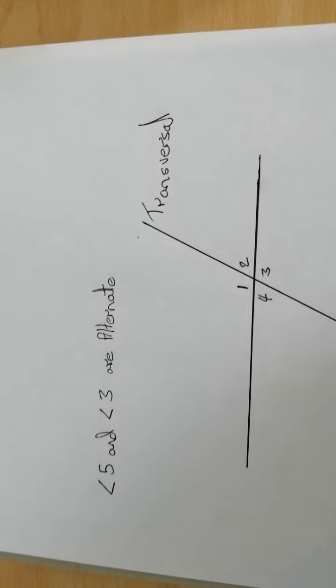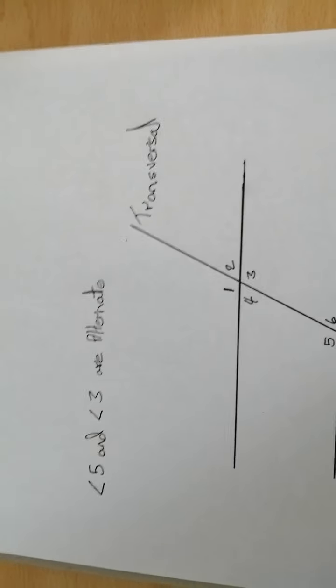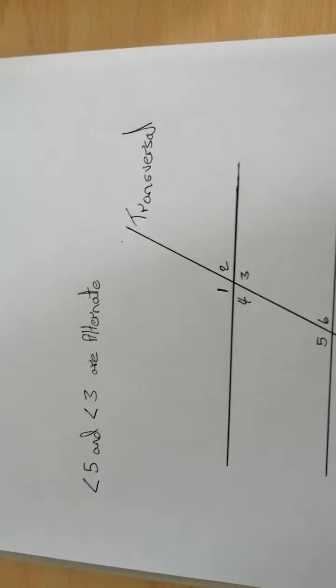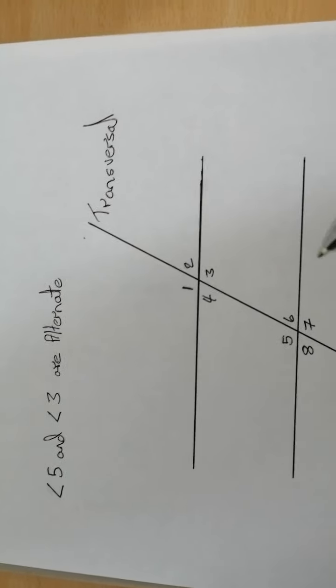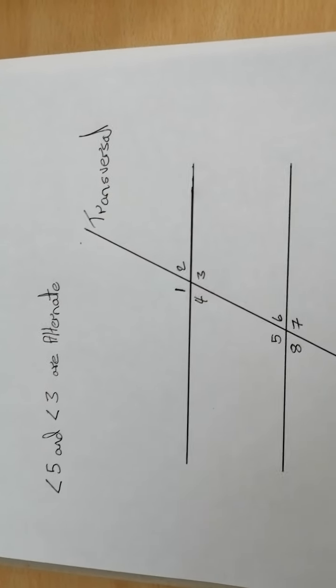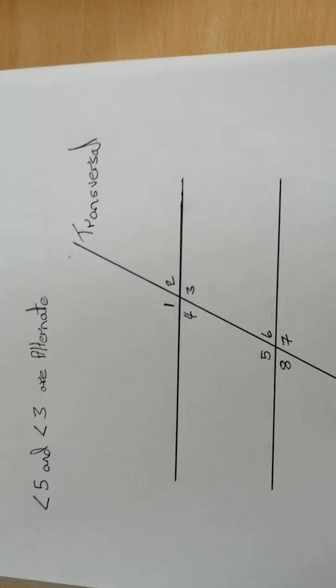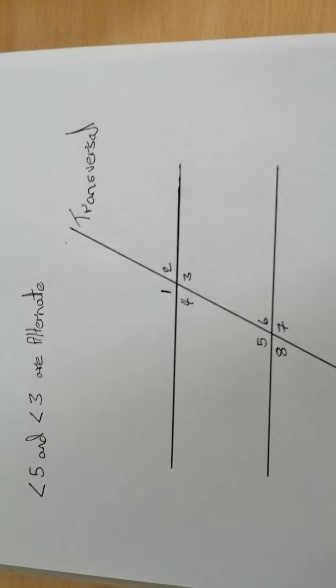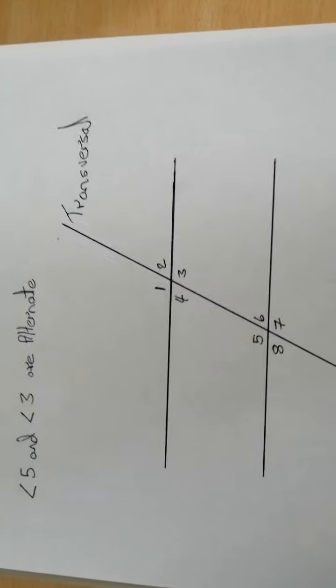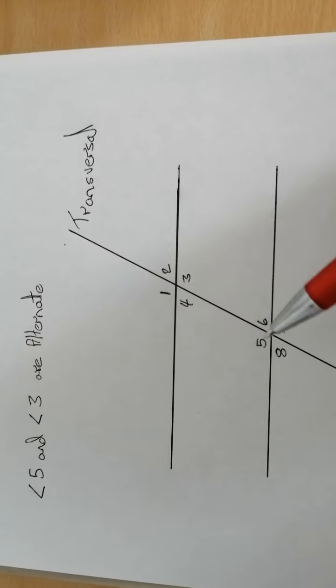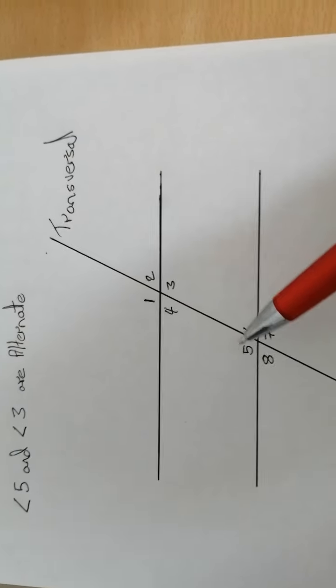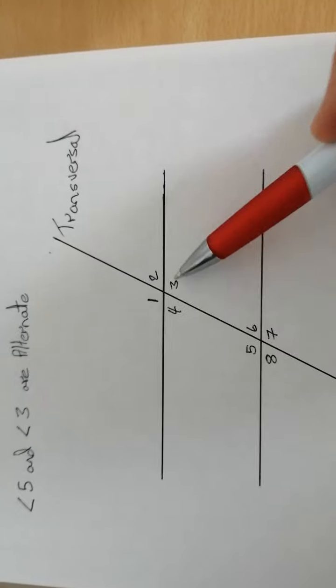You have to have 2 angles to be alternate. They are a particular pair of angles, which we'll explain later how you pick out which angles are alternate and which are not alternate. But a particular quality of alternate angles, if you do find 2 alternate angles, is that they are the same size. They are the same measure, if you like.